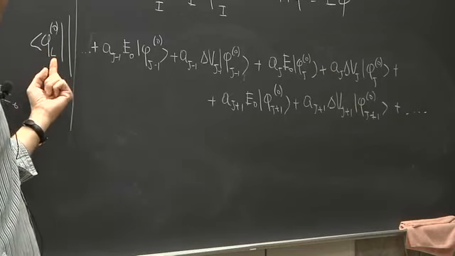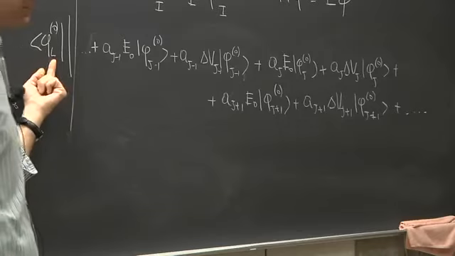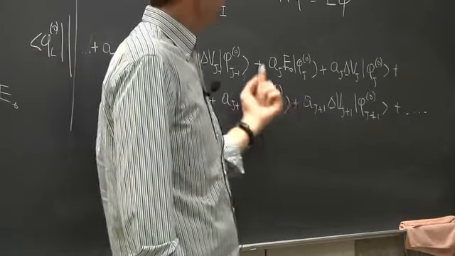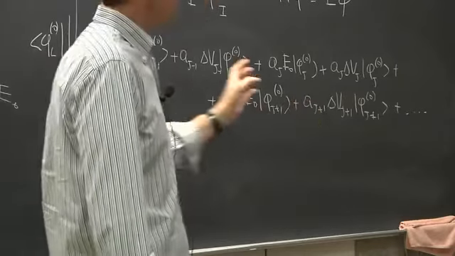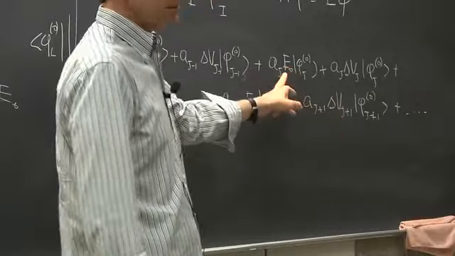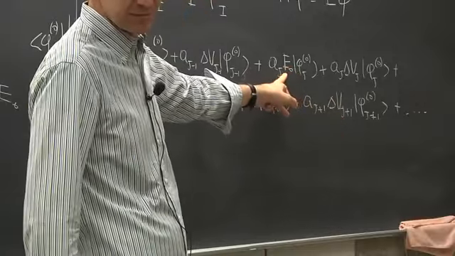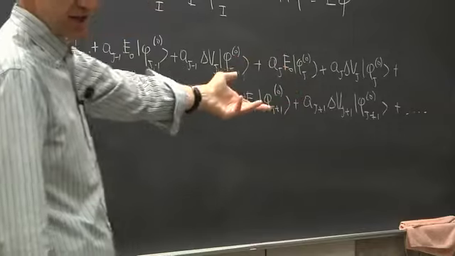Now, because L is arbitrary, I can arbitrarily choose out of my infinite sum j to be L, right? I don't need to take an arbitrary j.